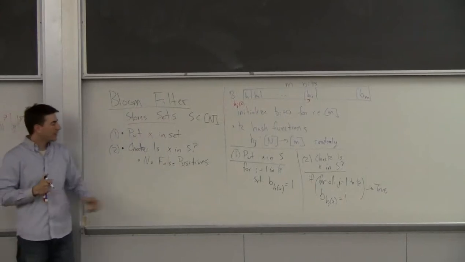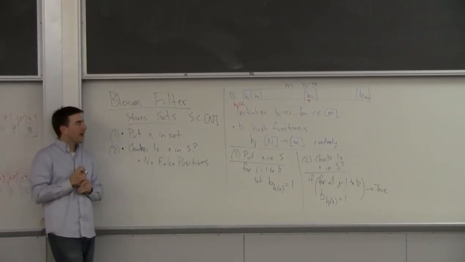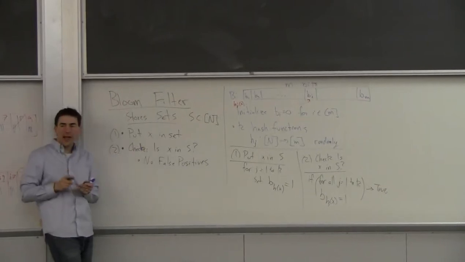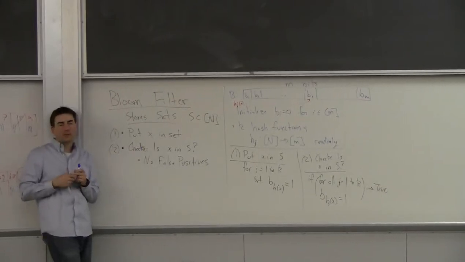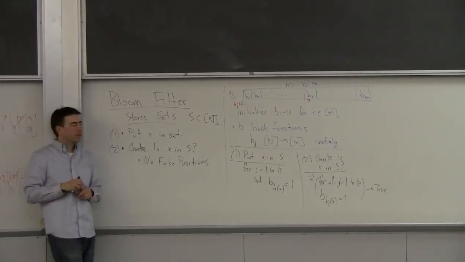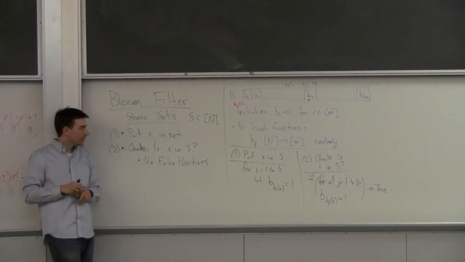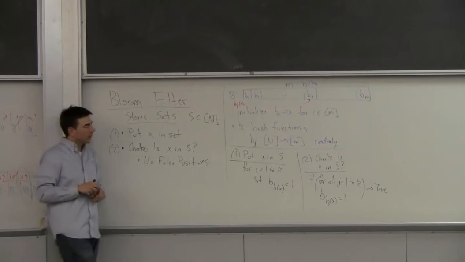So if I just have k equals 1, then this is just kind of like a hash table. I'm storing something in there, and then I had a collision in the hash table. But the more I increase k, the lower the probability that this occurs.